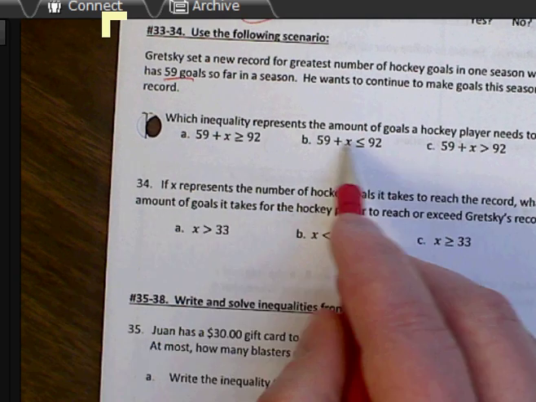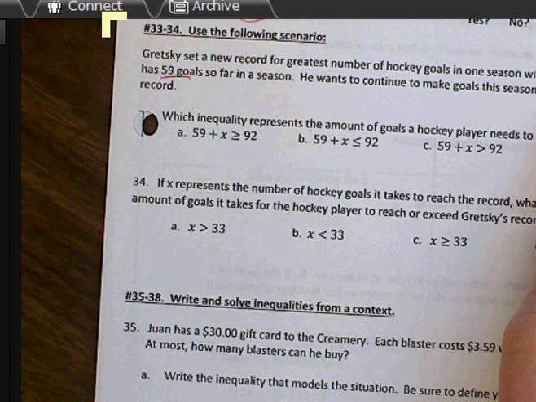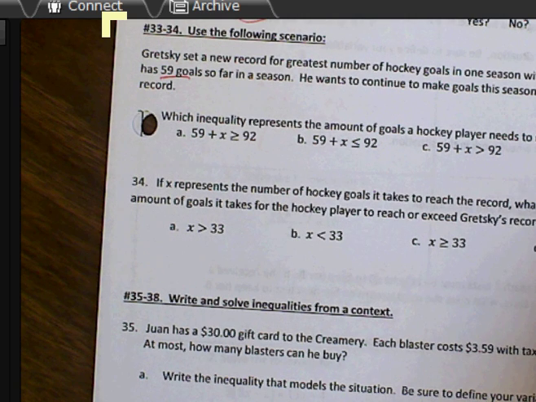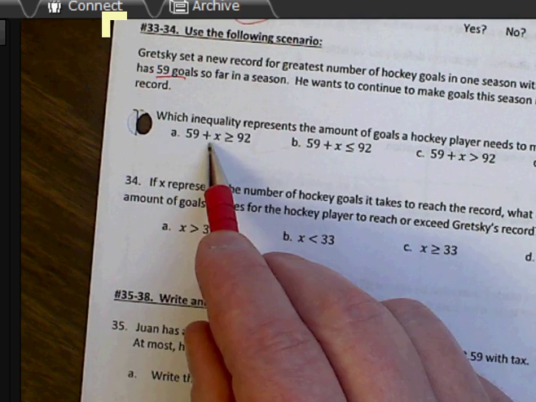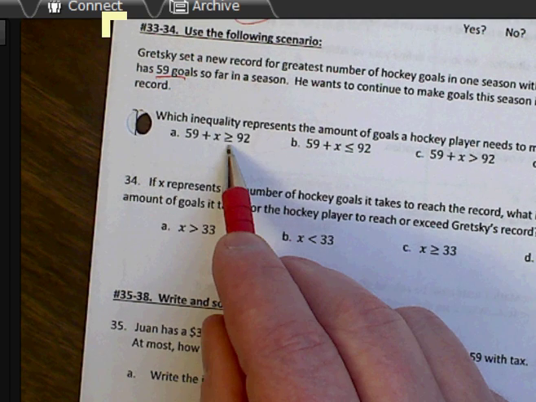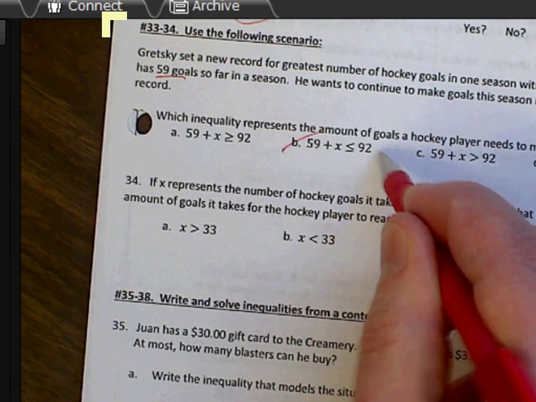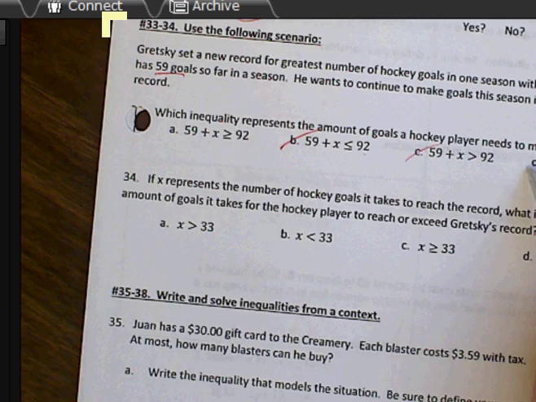Which inequality represents the amount of goals a hockey player needs to match or break? So, if Gretzky has 92, this guy wants to get 92 or better, right? So we have to have whatever's over here greater than or equal to 92. I like this one. That's greater than or equal to. No, that's less than. This is just greater than. That's not right. And this is a less than.